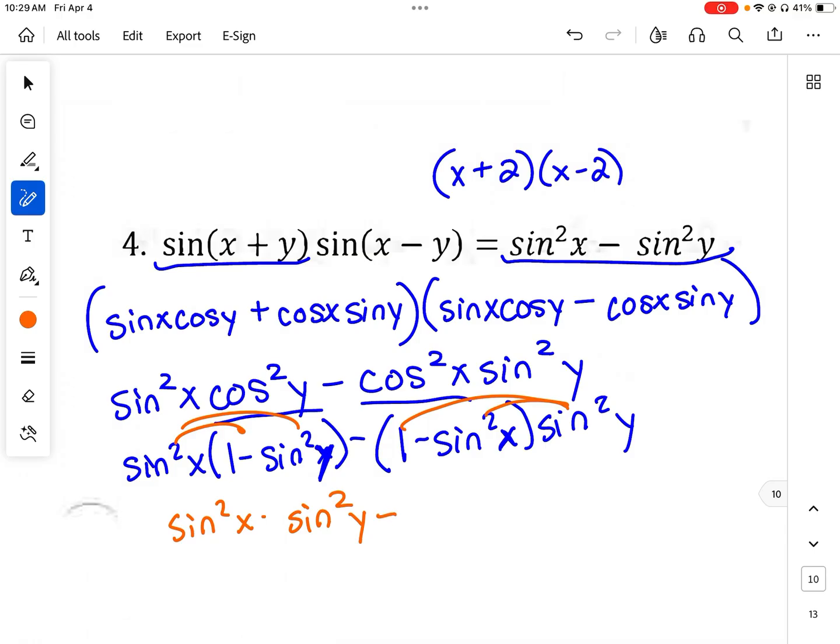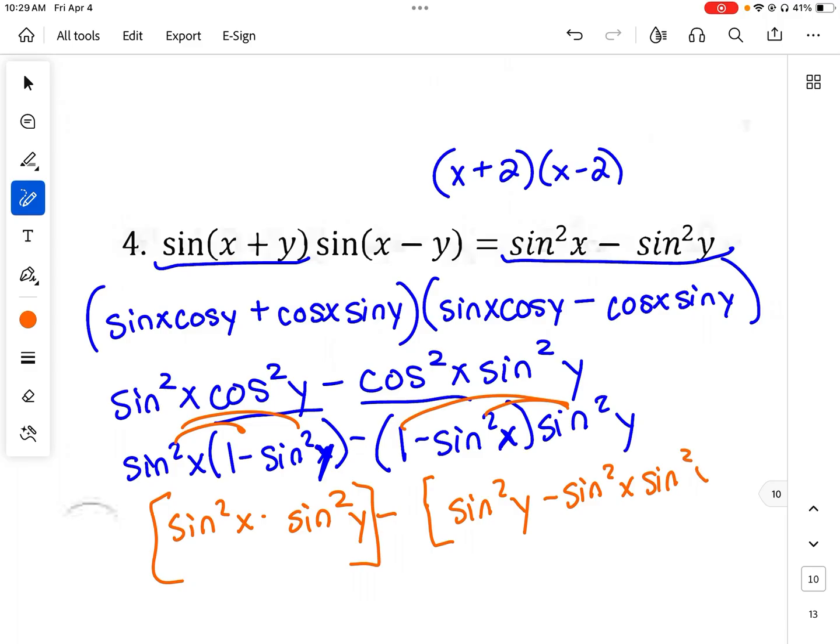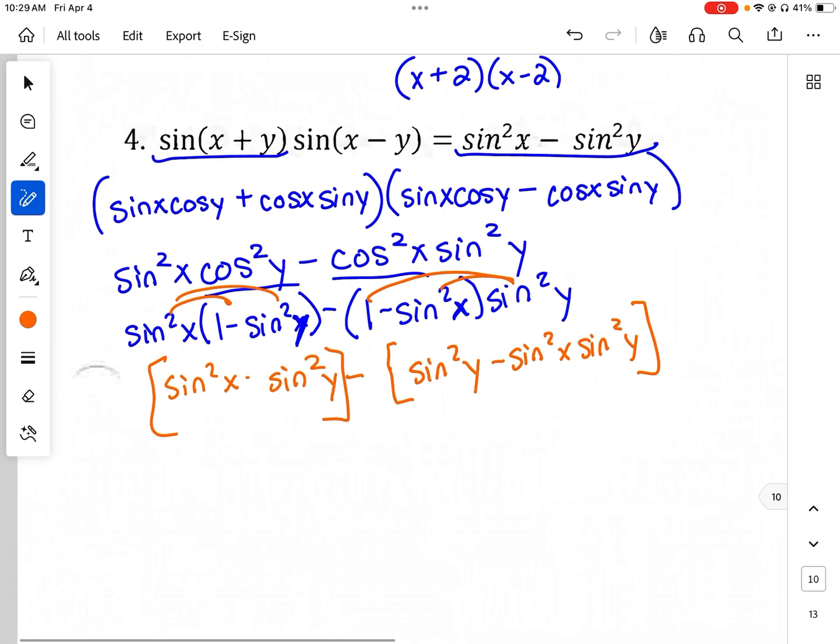So this is minus, I'm going to keep this in parentheses, sine squared y minus sine squared x sine squared y.